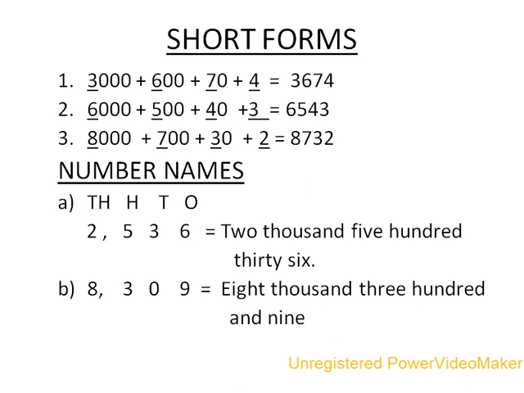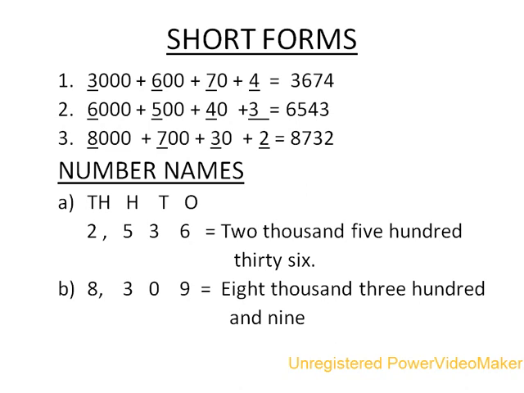Then 4 at the ones place. So it will become 3, 6, 7, 4. Another example, 6000 plus 500 plus 40 plus 3. In this, 6, 5, 4, 3. Now these are taken together and it will become 6543 in short form.